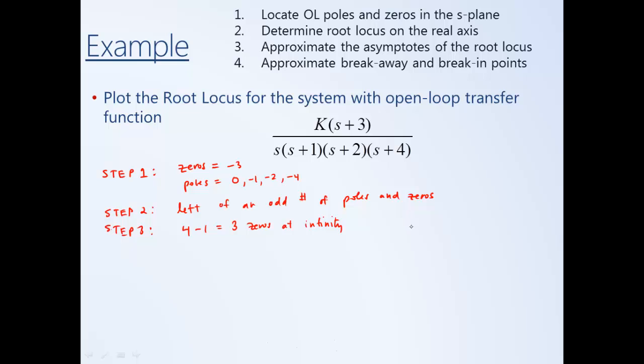And we will memorize that this corresponds to directions of 60 degrees, 180 degrees, and 300 degrees, though we won't know exactly where these asymptotes intersect.